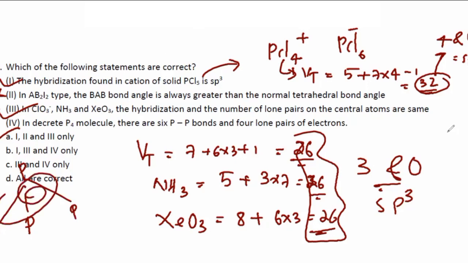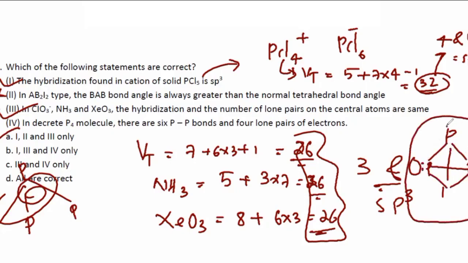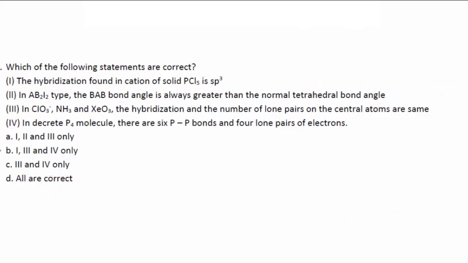Okay, let me draw this here. A phosphorus, a phosphorus, phosphorus, phosphorus, a bond, a bond, a bond, a bond, a bond, a bond. So there are 6 bond pairs and each phosphorus is surrounded by 3 bonds. So one lone pair on each, so 4 lone pairs, 6 bond pairs, 6 P-P bonds, 4 lone pairs. That's also correct. So the only wrong statement is 2. Okay. So 1, 3, 4 are correct. 2 is the wrong one.